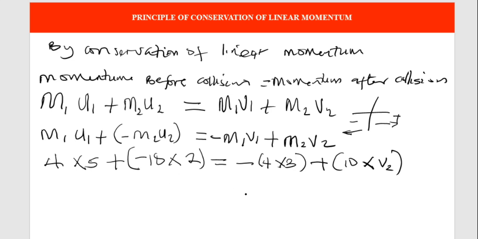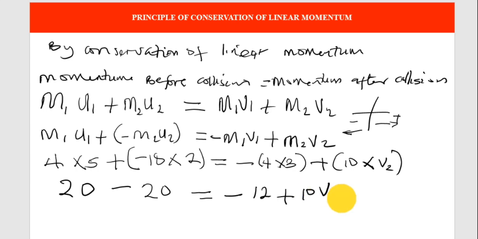So here we are going to be doing some simple calculations. We have 4 multiplied by 5 to give us 20, minus 10 multiplied by 2, we have 20. Which is equal to 4 multiplied by 3, we have minus 12, and then we have 10 v2.